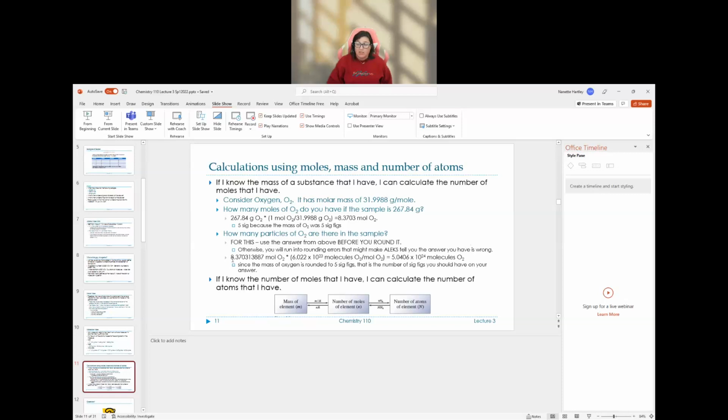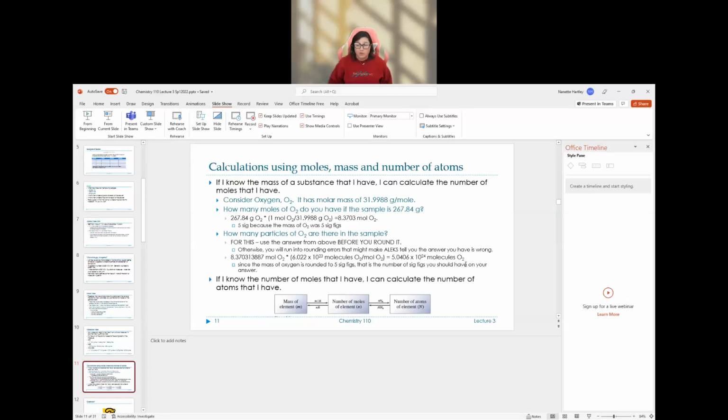So 8.370313887 moles of O2 times 6.022 times 10 to the 23rd molecules of O2 per mole of O2 equals 5.0406 times 10 to the 24th molecules of O2. Since the mass of oxygen is rounded to 5 sig figs, that is the number of sig figs that you should have on your answer.